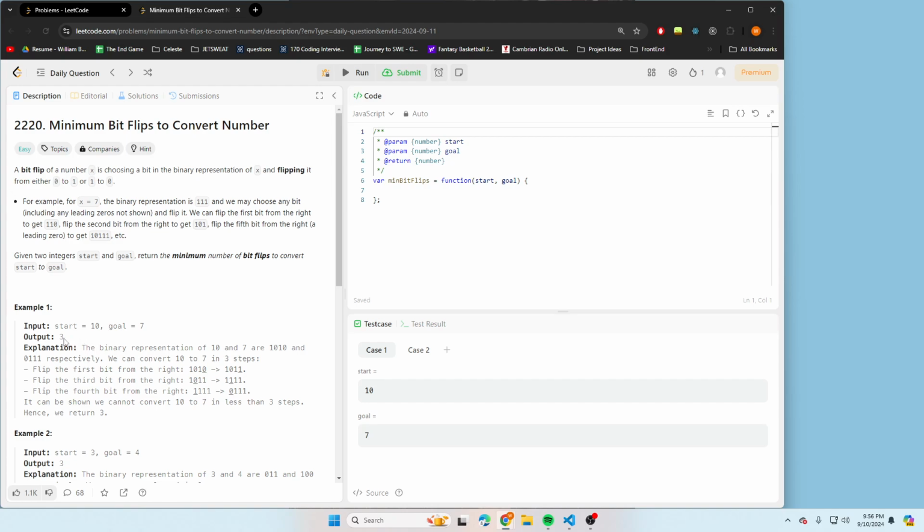Jeepers. First things first, I need to know how to turn this into binary. If I can't look it up, there was something that I used before.